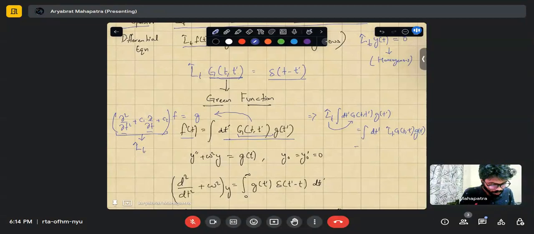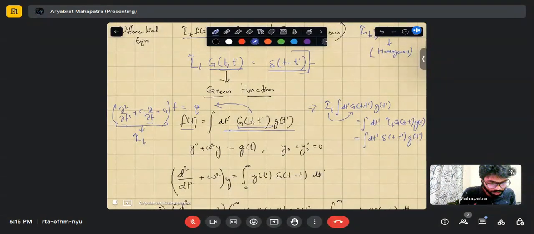So again, exploiting this feature of this green function right here, I can write integral dt prime L of g of t, t prime is your Dirac delta. That is the property of green function, and that is multiplied with small g of t prime. And when you solve this integral, from your Dirac delta property, it is simply g of t.